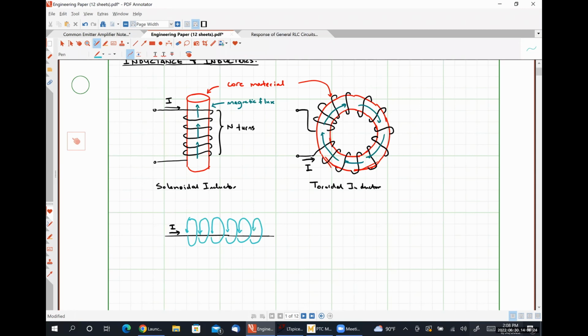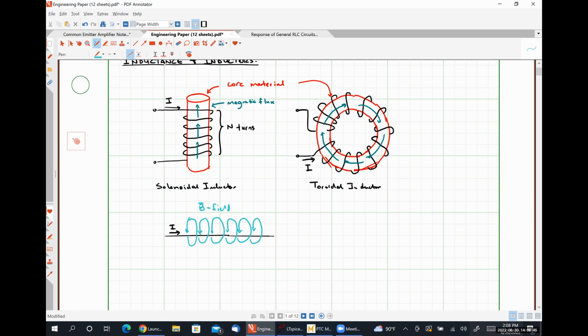Anytime we have current flowing through a wire, we have some magnetic field that's associated with that current. Well, in an inductor, as I've mentioned previously, we store that field.